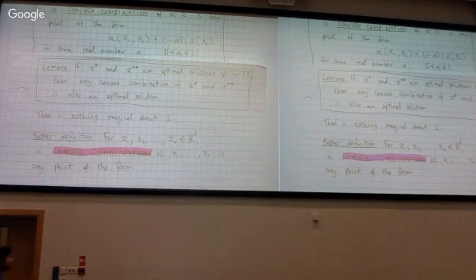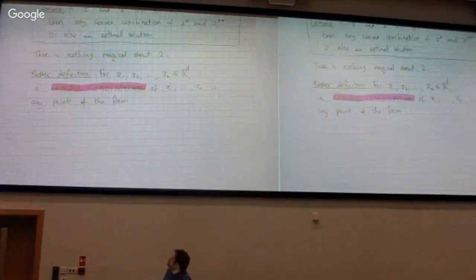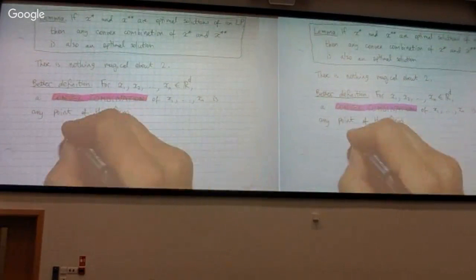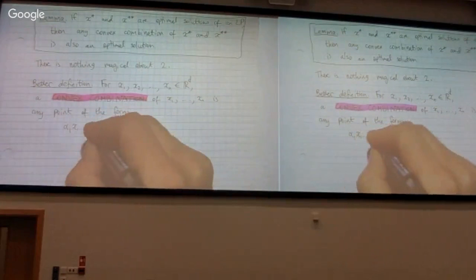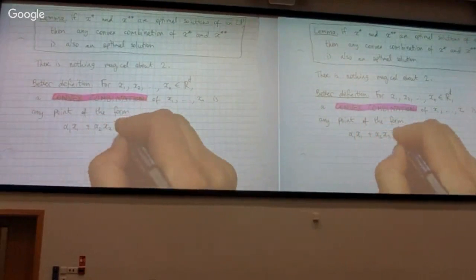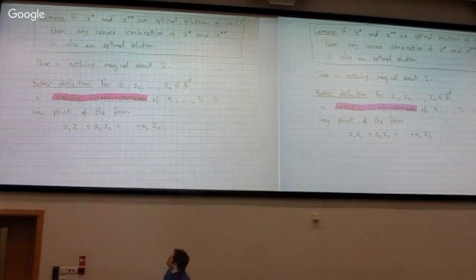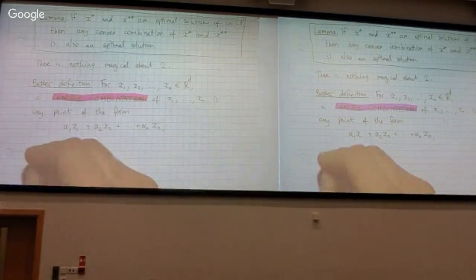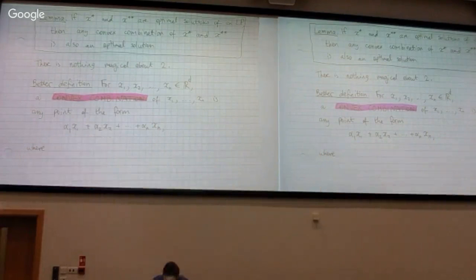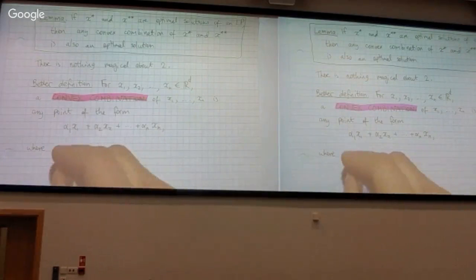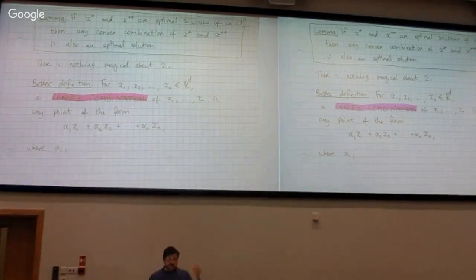So we multiply each of them by a scalar and add them all together, but like this, it's not yet a convex combination.